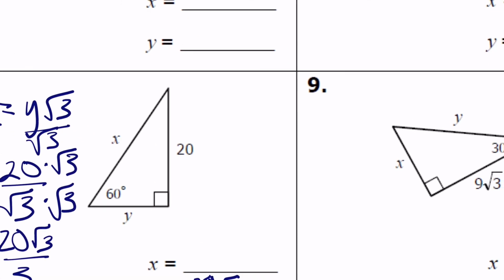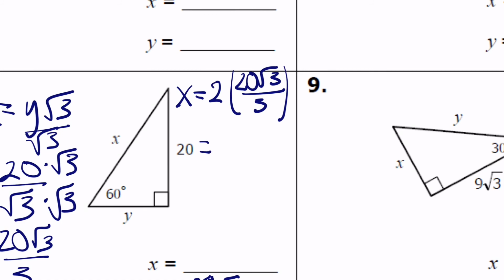So what I do there is, I'm going to set it equal, x equals 2 times 20 square root of 3 over 3. Now you can put this in a calculator and it's going to give you some long nasty decimal thing that we don't want. Or what you can do is just multiply 2 times the 20 in front of the radical there.